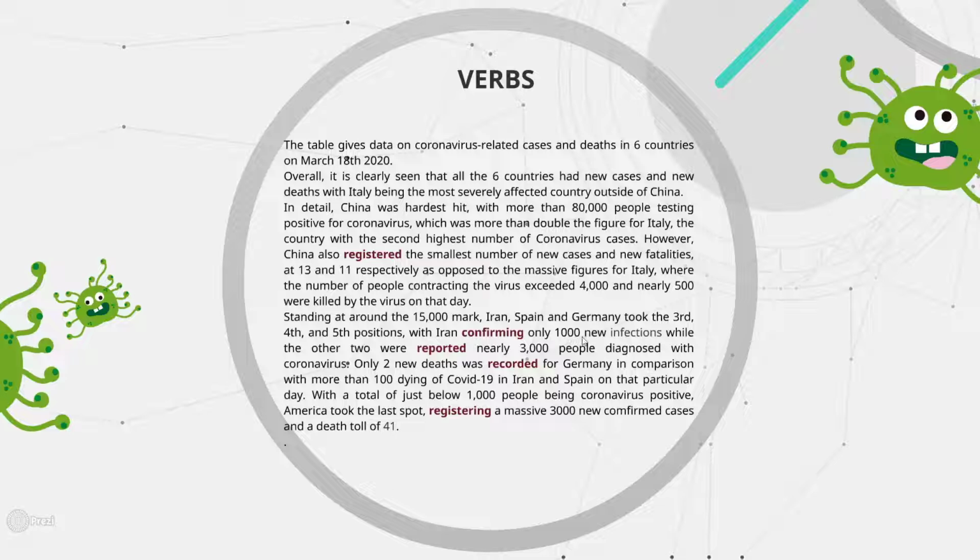Iran confirmed only 1 new infection. The other 2 countries were reported nearly 3,000 people. Only 2 new deaths were recorded. For Germany or America, registered a massive 3,000 new confirmed cases.